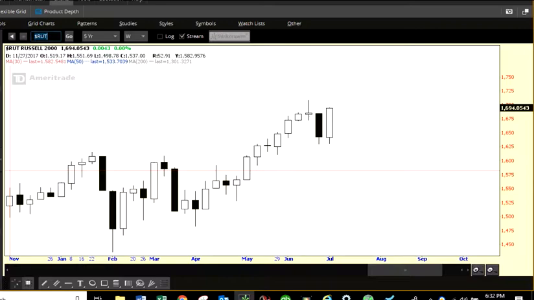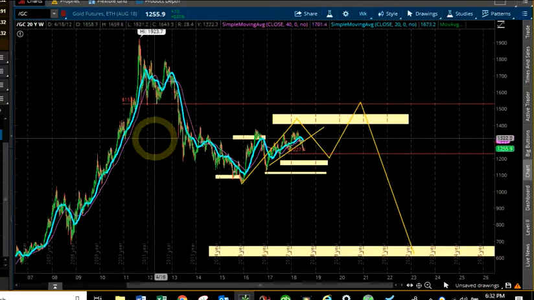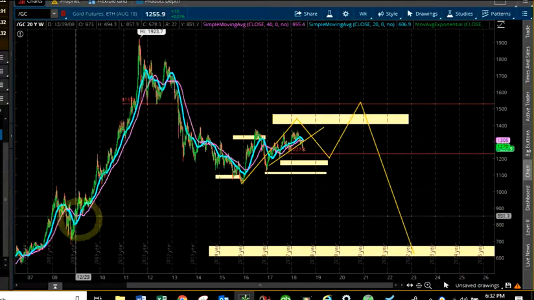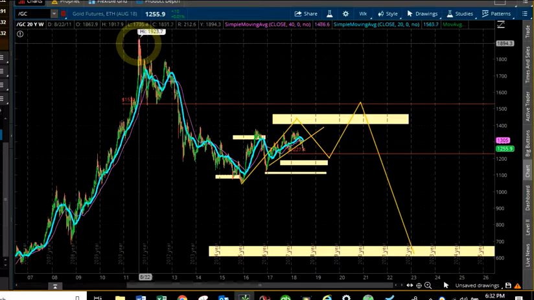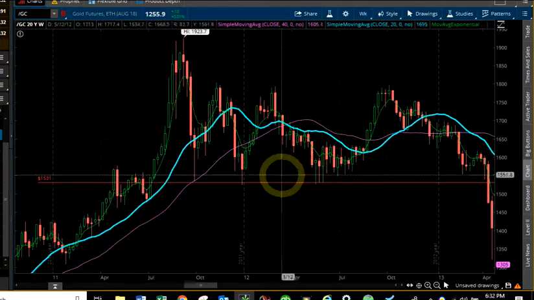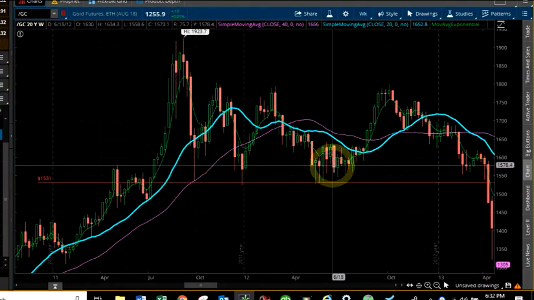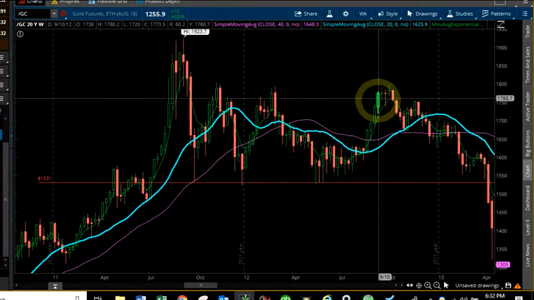Let's switch over to the other charts, the TOS charts, Thinkorswim charts. Let's look at gold. This is gold. So we had the big run up into the 2011 bull market, and if you really look at this area right in here, all this kind of stuff that's been happening, we're kind of like right here in the S&P 500.